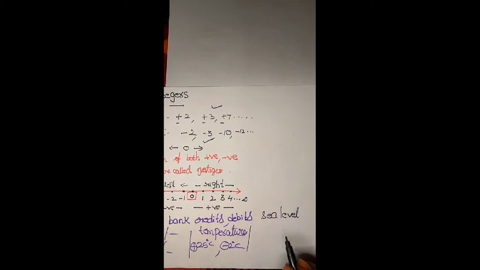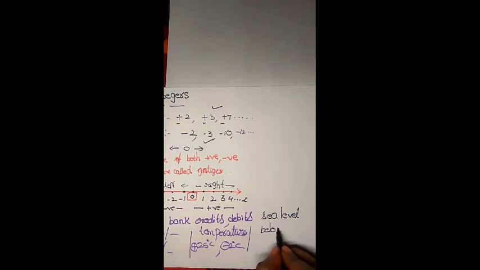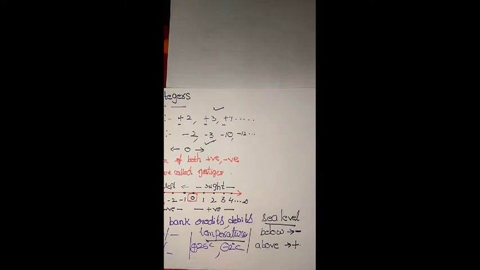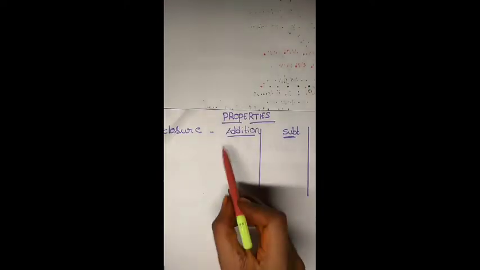To represent the sea level, we use below the sea level and above the sea level. Below the sea level means we are using minus, and above the sea level means we are using plus. So we can use positive numbers and negative numbers in order to represent the sea levels. So in this way we use our integers.